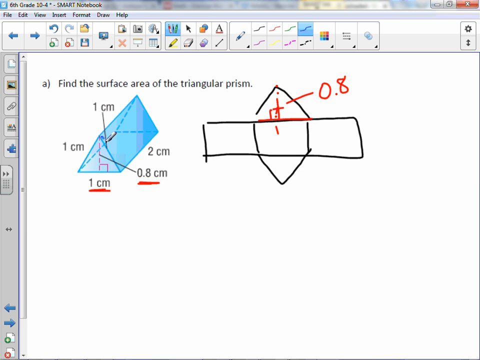The rectangles, I have this rectangle here, which has a base and height of 1 and 2. I have this rectangle here that also happens to be 1 and 2.